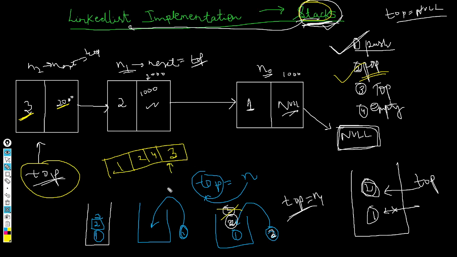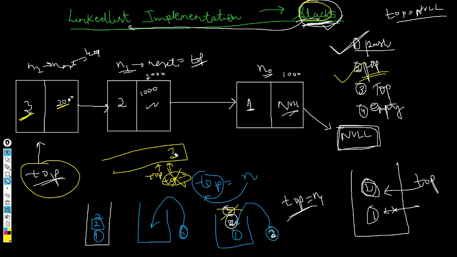So the top pointer was pointing to 3, right? And whenever we popped, what I said was we just do a top minus minus, like we just decrement the top over here and the top will come over here, and we don't care as to what number is stored inside of this particular block of the array, right?